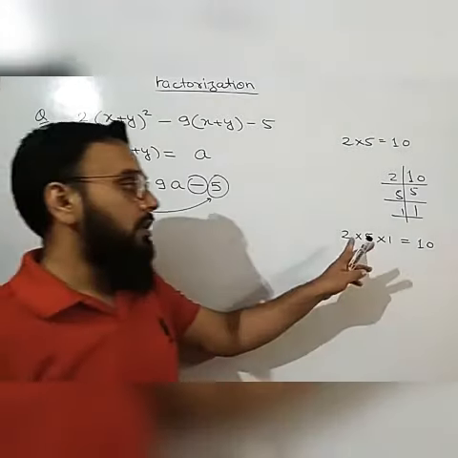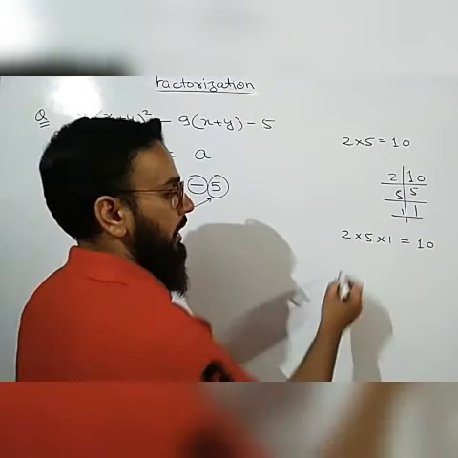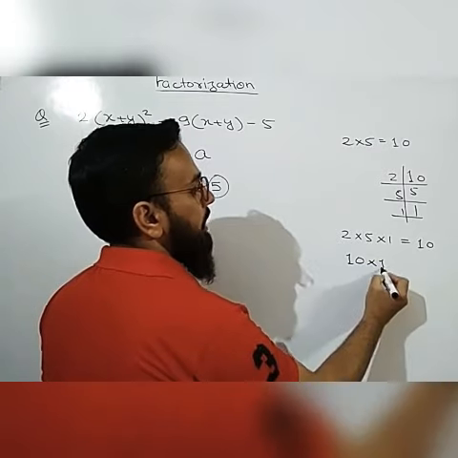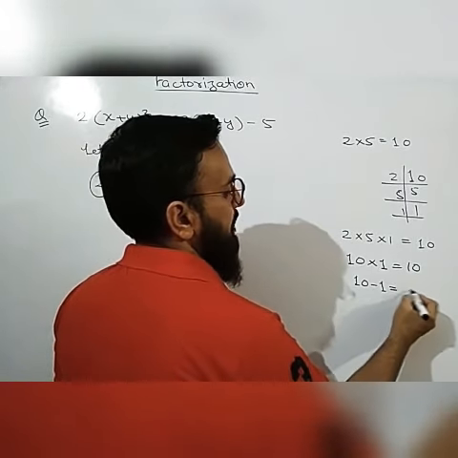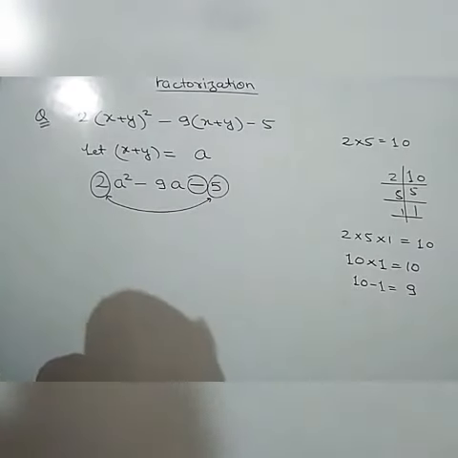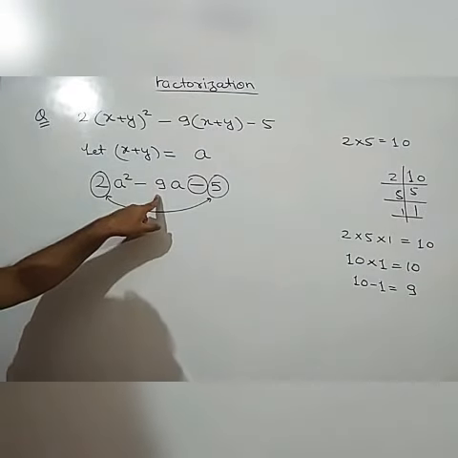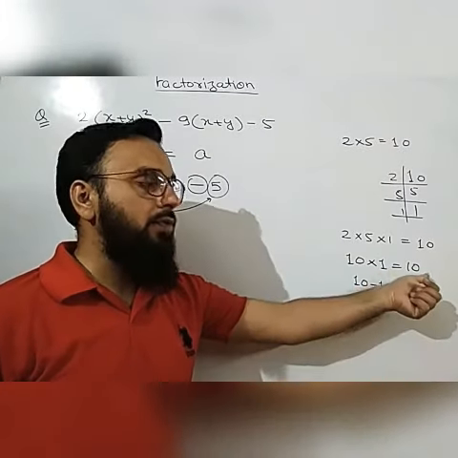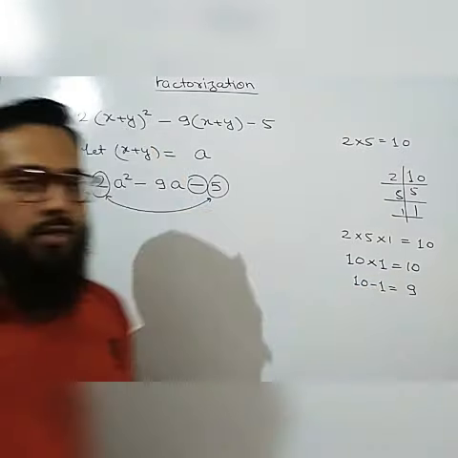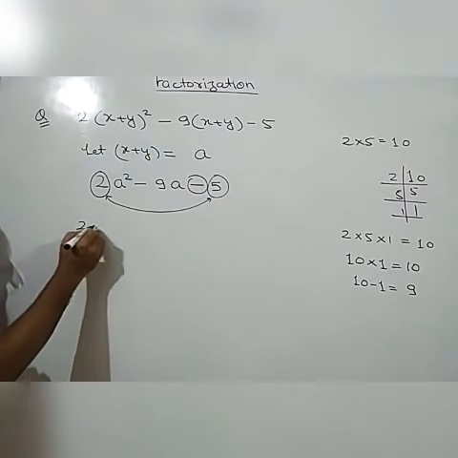If we consider 10 into 1, which is equal to 10, and if we subtract 1 from 10, it will be equal to 9. It means this 9 can be split as 10 minus 1, because the product of 10 and 1 is 10 and 10 minus 1 is also 9. So we get the splitting.